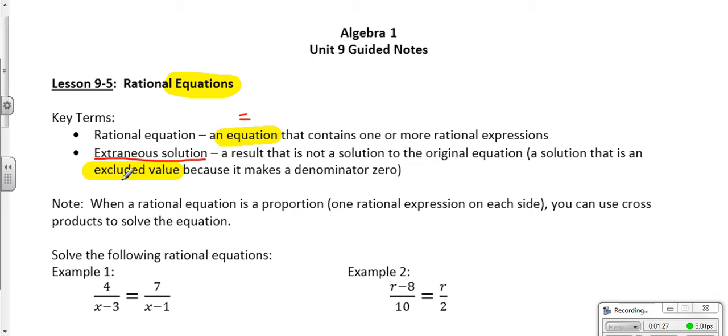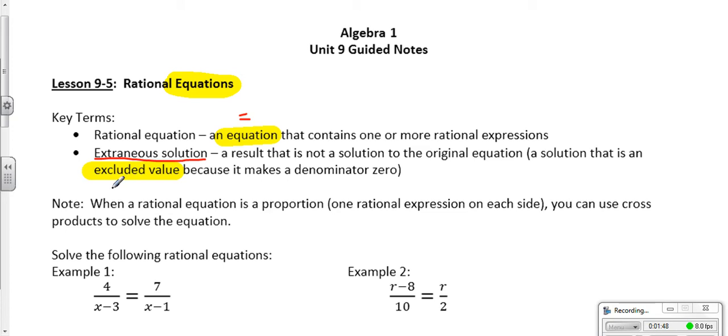So we solve, we get a number, we notice that that number is an excluded value, in other words, a number that could cause a denominator to become 0. And because of that characteristic, we would call it a new term, an extraneous solution, a solution that does not check if we plugged it back in.